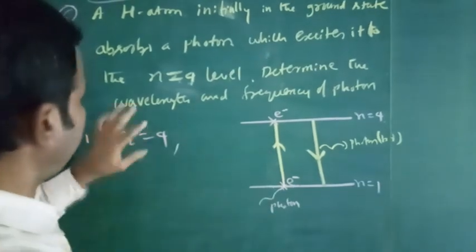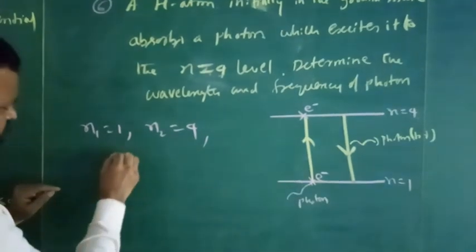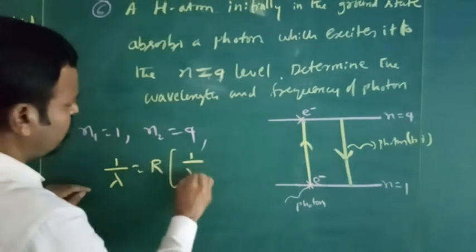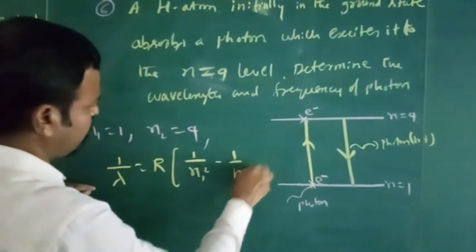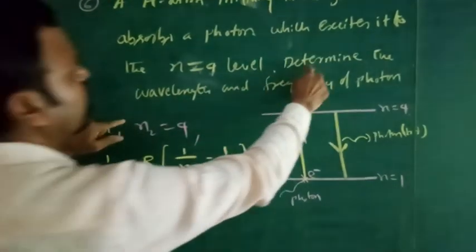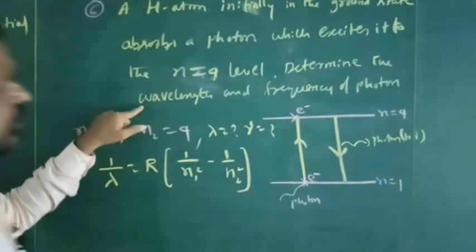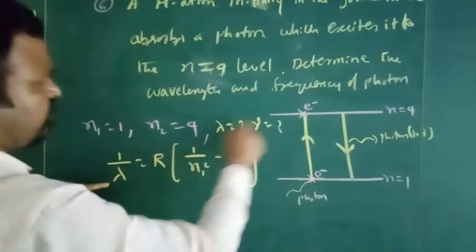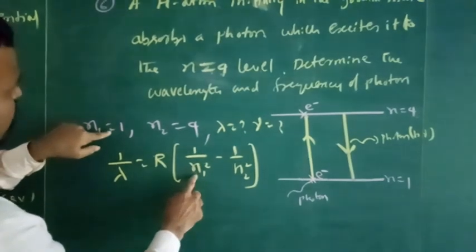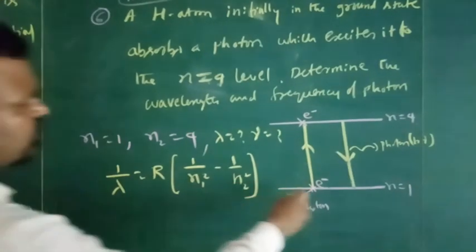The general formula for wavelength, the Rydberg formula, is 1 by lambda equal to R into 1 by n1 square minus 1 by n2 square. Here we have to determine the wavelength lambda and frequency. n1 is 1 and n2 is 4, as given in the problem. So that belongs to the Lyman series.